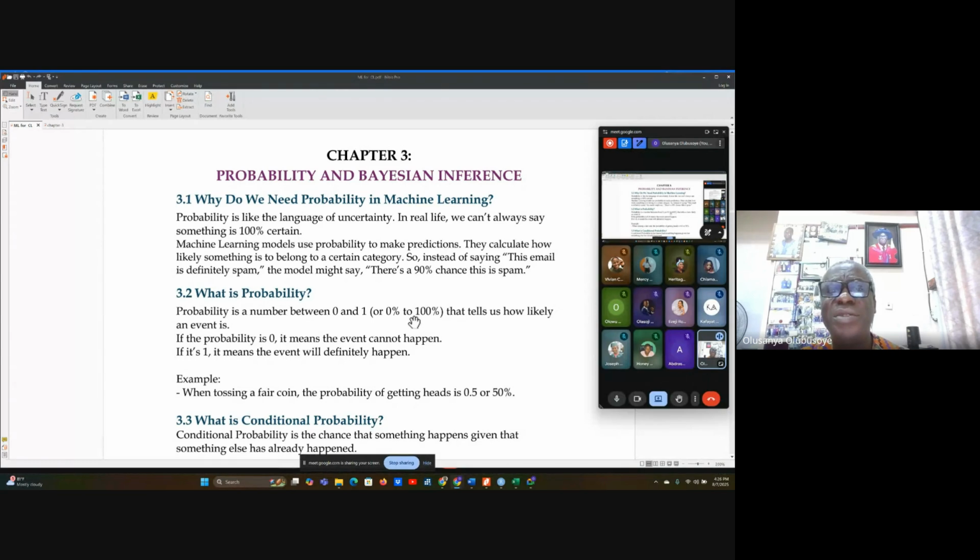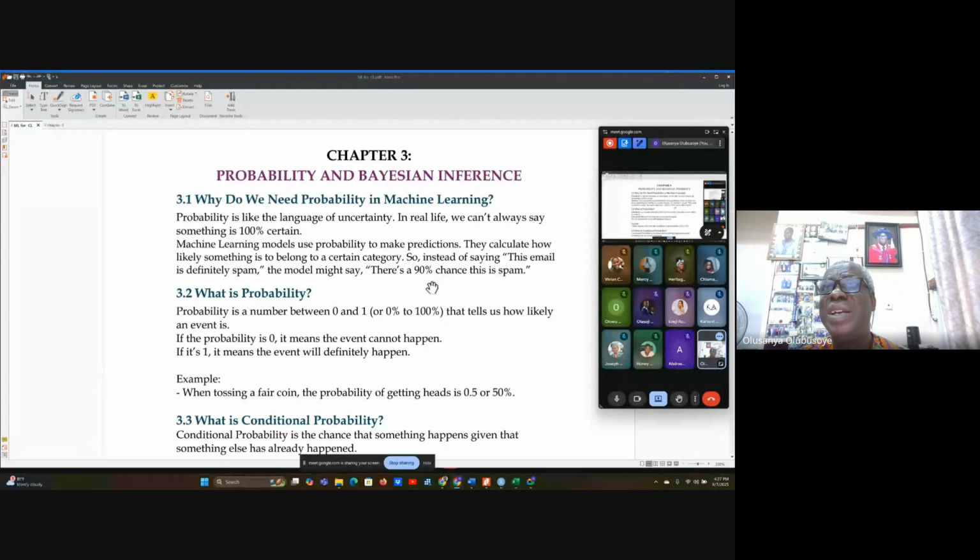So if I tell you there is a 90% chance that an email is spam, it means most likely the email is spam. But it doesn't mean it is spam, because you still have 10% chance that it is not spam. That percentage is a measure, which is what we call the probability.